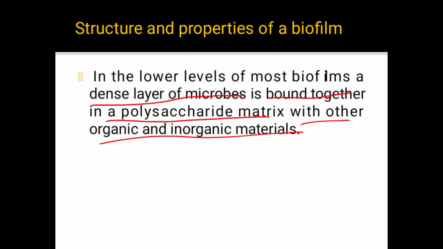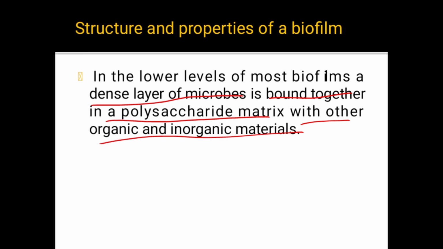Now the next part is the polysaccharide matrix. This holds the bacteria together. It is a protective matrix and protects the microbes from host immune response, antibiotics, and mechanical removal. Other organic and inorganic materials include proteins, enzymes, lipids, and extracellular DNA.